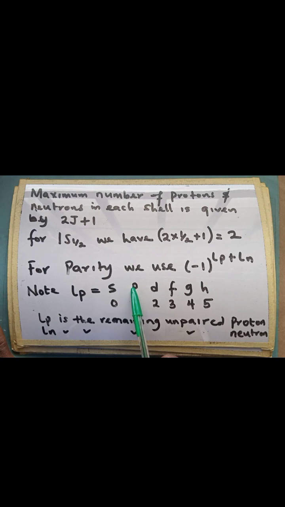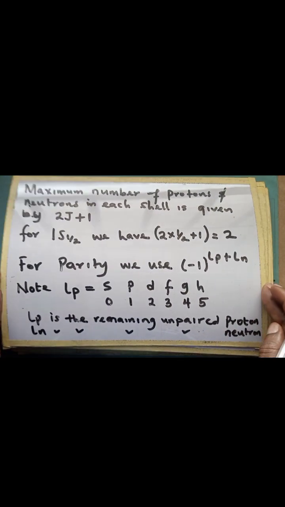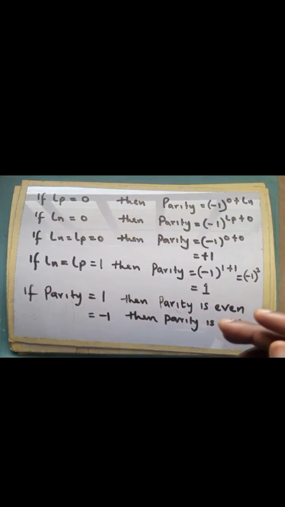If it falls on p, you give Lp 1. If it falls on d, you give it 2, and so on. Lp is the remaining unpaired proton, and Ln represents the unpaired neutron.